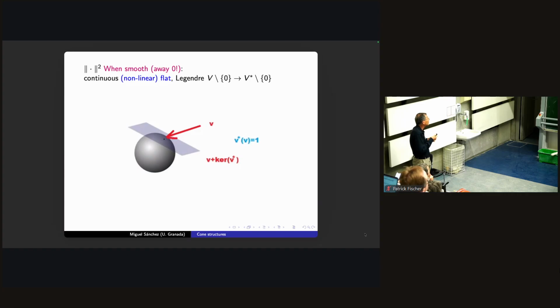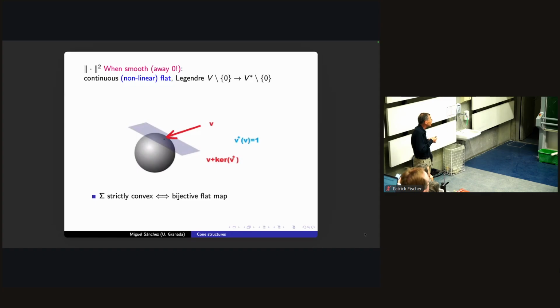Then this permits us to define a sort of nonlinear flat map between the space and the dual of the space, mapping each vector V in the indicatrix to the one-form V star, which says that the affine tangent space to the hypersurface corresponds with the vectors such that the one-form on them is equal to 1, okay?